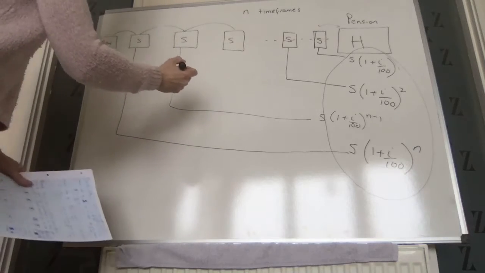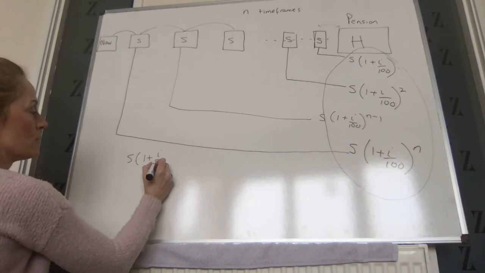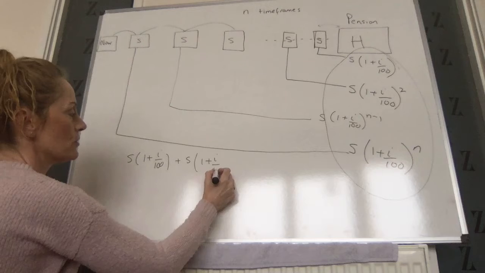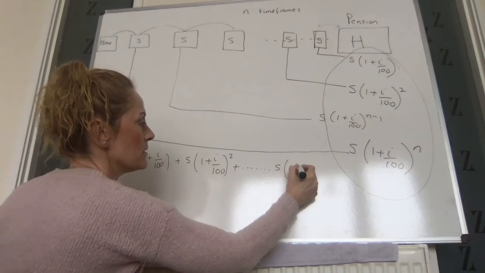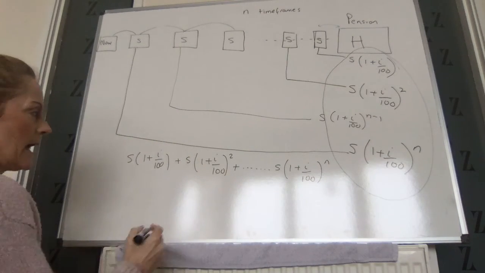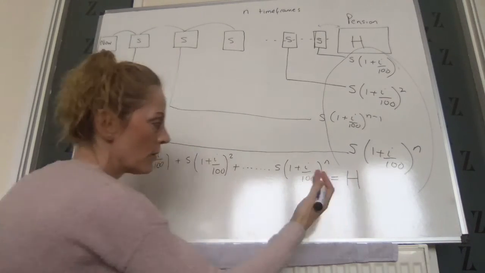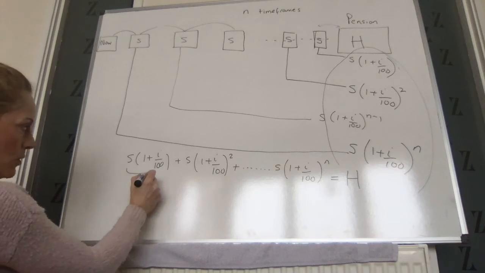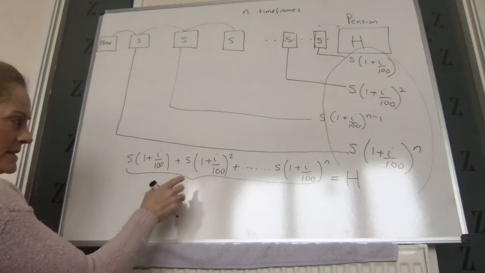So you want to say that S times 1 plus I over 100, the top one, plus S times 1 plus I over 100 to the power of 2, plus dot dot dot, S times 1 plus I over 100 to the power of N, has to be equal to your holiday fund or your pension. Hopefully you will recognize that that is the sum of a geometric series.